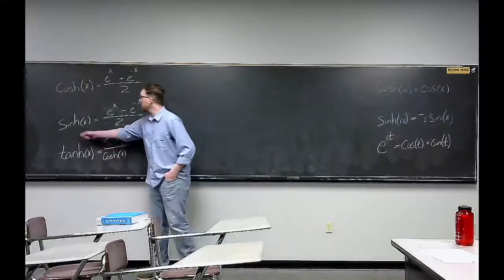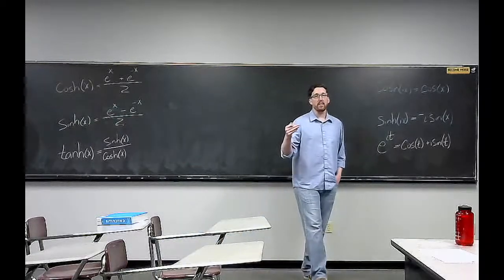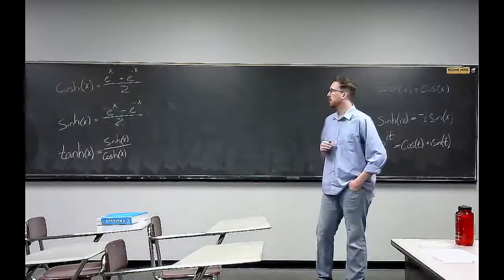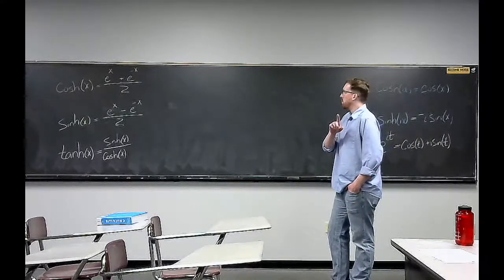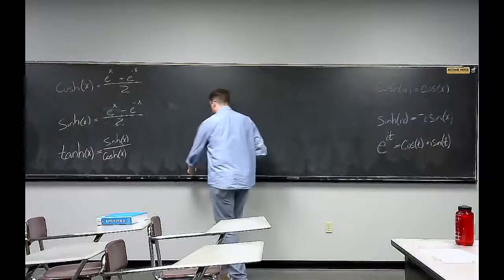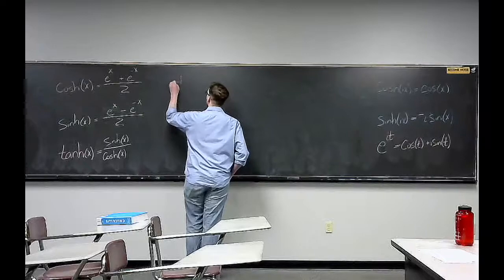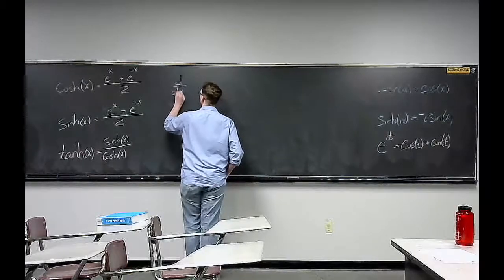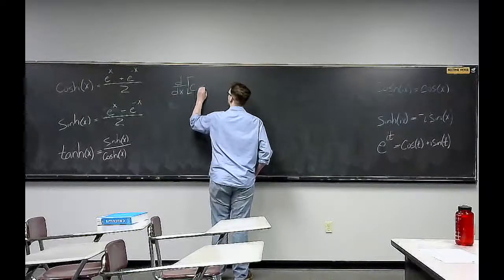And hyperbolic sine is equal to e to the x minus e to the negative x, that quantity divided by 2. Now check something out. Look what happens when we apply the derivative to the hyperbolic cosine.